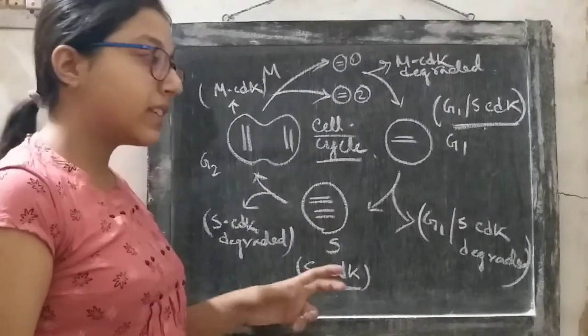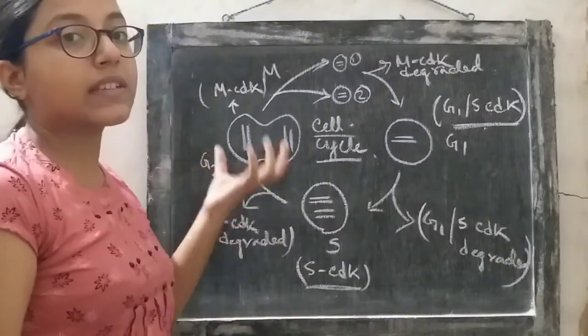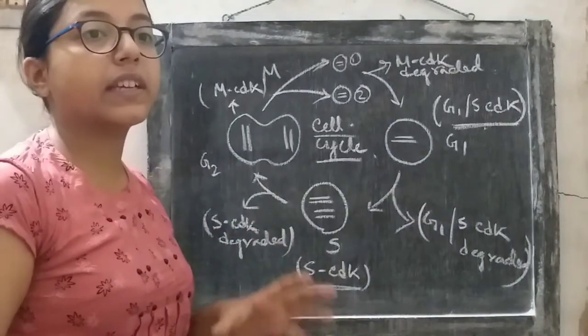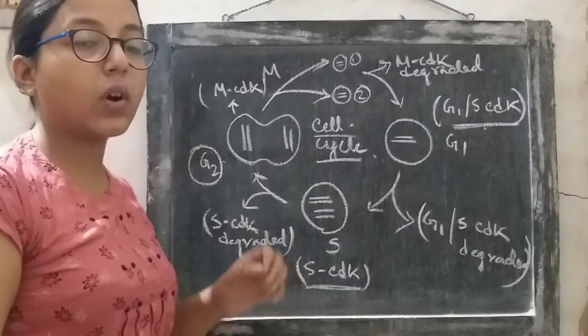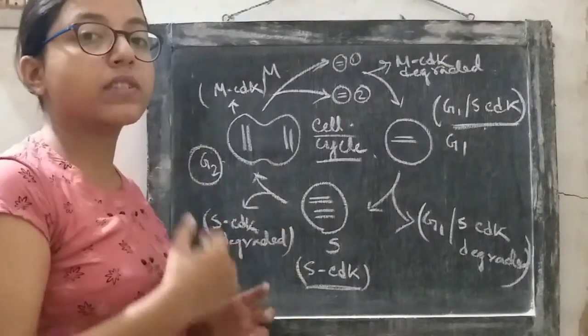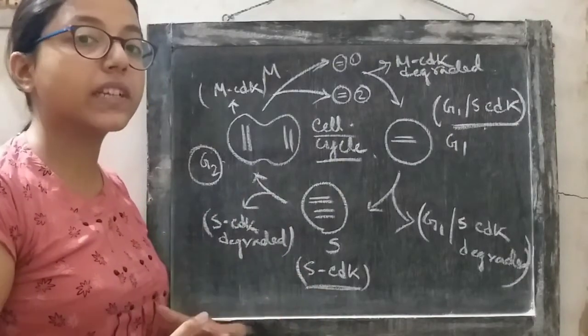So now this CDK will be degraded. Again, when the cell crosses the G2 phase, when all the necessary events in the G2 phase are completed, the CDKs responsible for G2 phase will also be degraded.